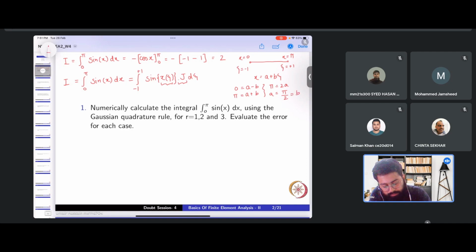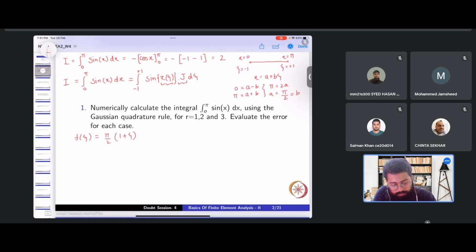So we get the transformation function as x equals pi by 2 times (1 plus zeta).